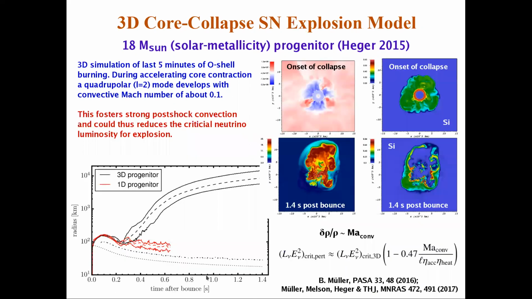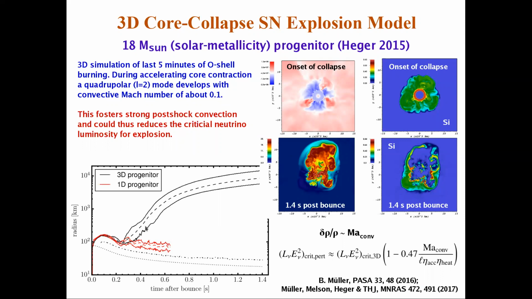And indeed, this made the star then transition from a non-exploding simulation where the spherically symmetric initial conditions were used into a successful model. Bernhard Müller then demonstrated it, however, with a bit of simplification in the neutrino treatment. He found that this initial perturbation in the progenitor was actually fueling the post-shock instabilities.